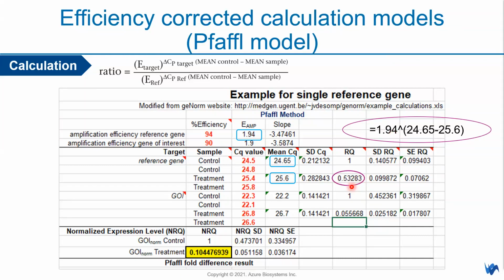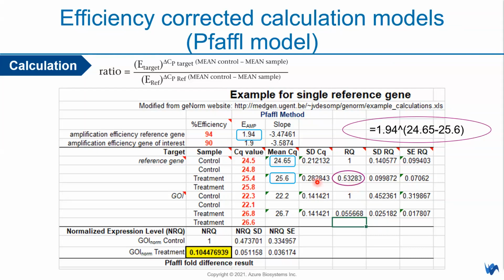Right, so therefore we have 3 relative quantification strategies over here. First is with standard curve. Second is the delta CT method. Third is this efficiency corrected calculation method or model, the Pfaffl model.